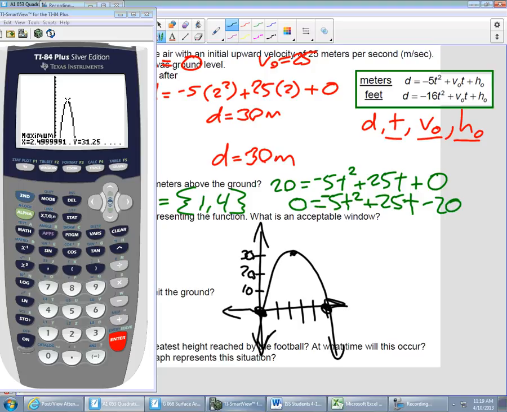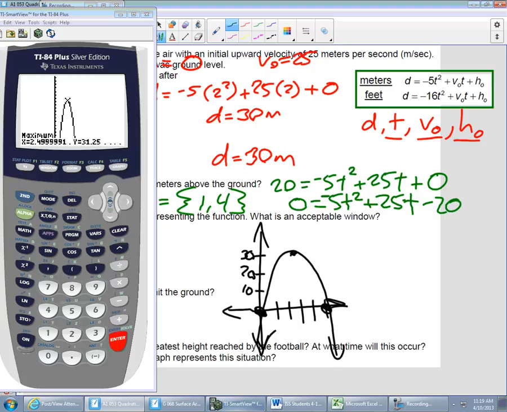We've seen a little bit of that over the last 2 days. We've seen graphs that have crossed the x-axis 2 times, but one of those intersections was impossible because we had a situation where a negative value wasn't realistic. So when it comes down to thinking about an acceptable window or a reasonable domain or a reasonable range, what we need to do is think about the scenario that we're working on and decide how much we actually need to be considering here.